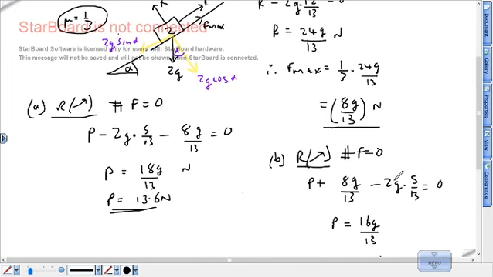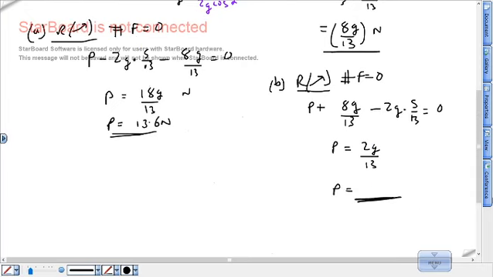So that gives you 10, take away 2, so 2g over 13, which makes that even better. 19.6 divided by 13 equals, and you get 1.51 newtons. Okay, that's more like it, because my mistake was that I didn't use sin.